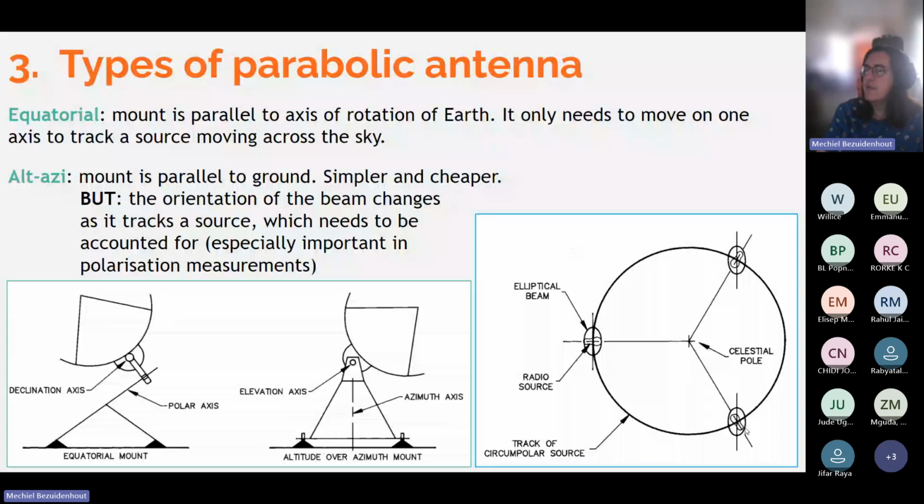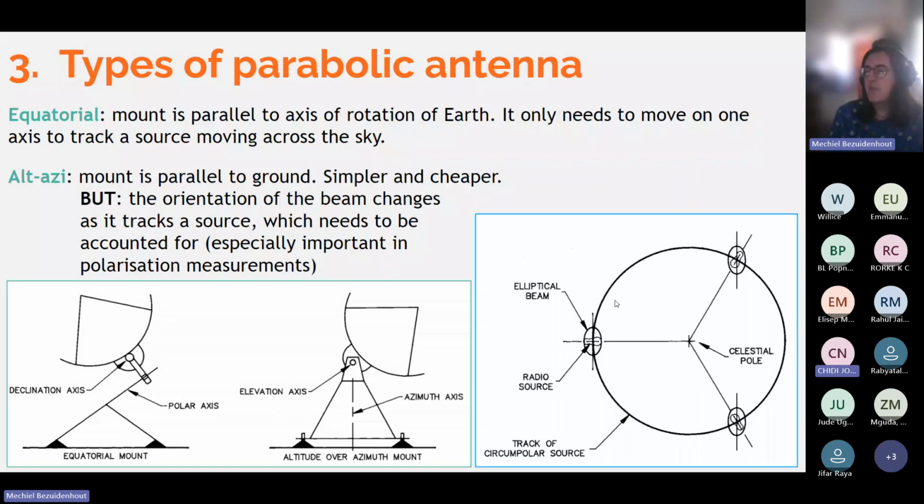If you look at that little peanut shape, that's the shape of the beam. And as the source is moving along that track, that's a circumpolar source, the orientation of that beam is also changing. And that means that there's a variation in your observation that you have to take into account.